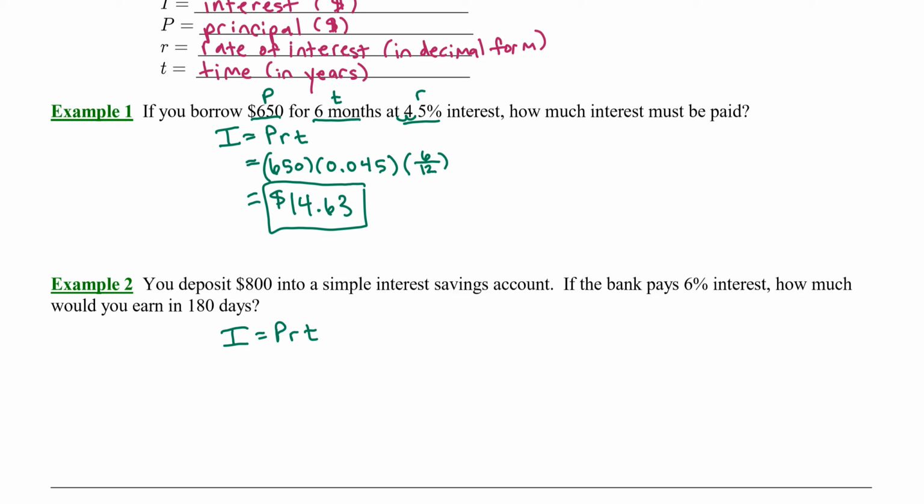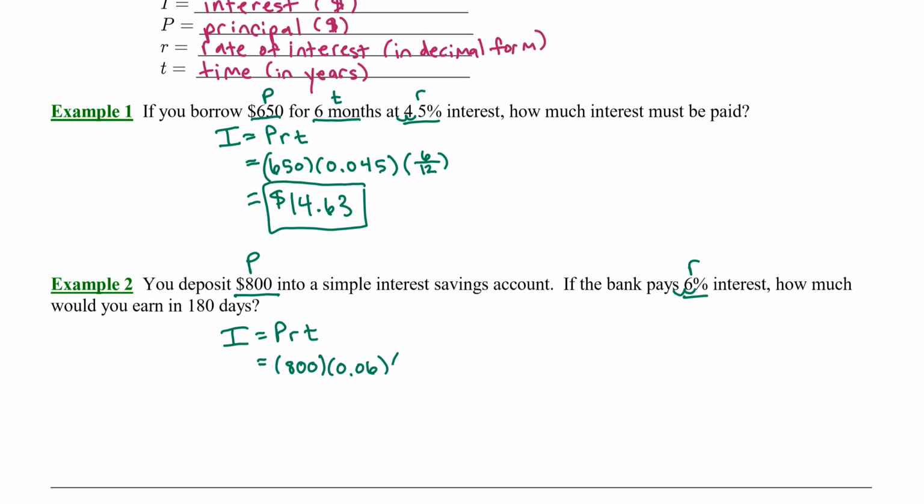The formula is I equals PRT. Now, the principal, that's the amount that we deposit one time initially into this savings account. So our principal is $800. The rate of interest is 6%. We need to move the decimal 2 places to the left as 0.06.